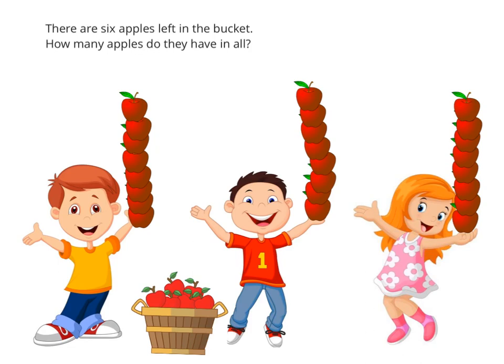So here we see Sam and his 2 friends balancing the 8 apples each, and there are 6 apples in the bucket. So now we need to know how many do they have in all. So we're looking at 8, 8, 8, and then the 6 over here.